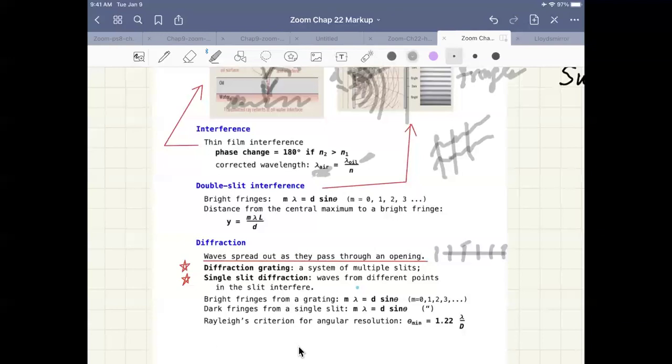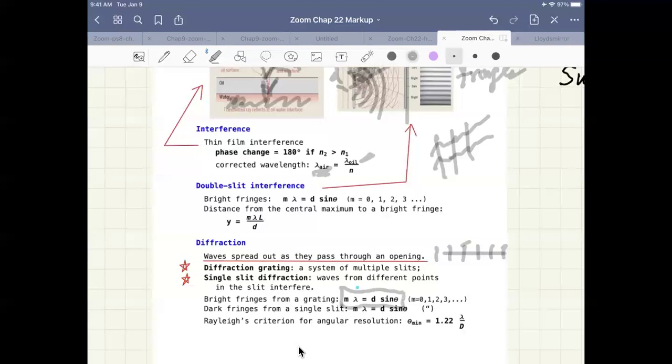The angle for constructive interference or destructive interference depends on the wavelength.